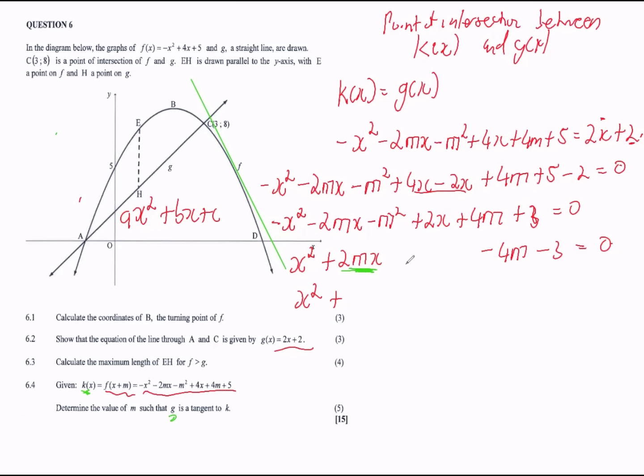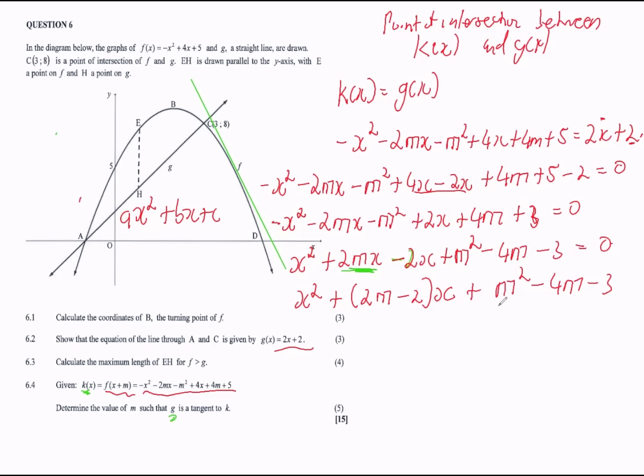So I have negative 2x, and then I have plus m squared here, so that I deal with this common factor of x here. So this is what I'm going to do. I'm going to say I actually have 2m minus 2, and then factor out this x, right? Then whatever that's left here is m squared minus 4m, and then minus 3.